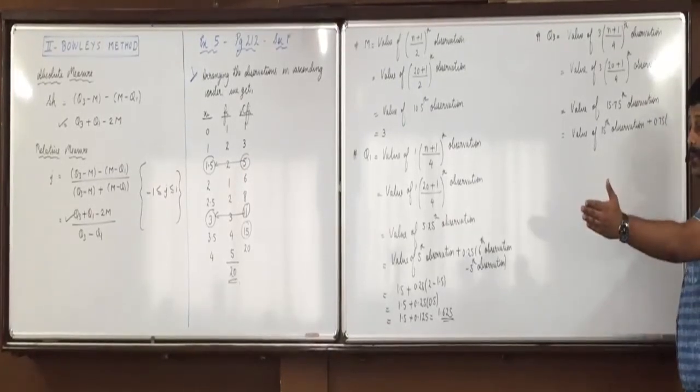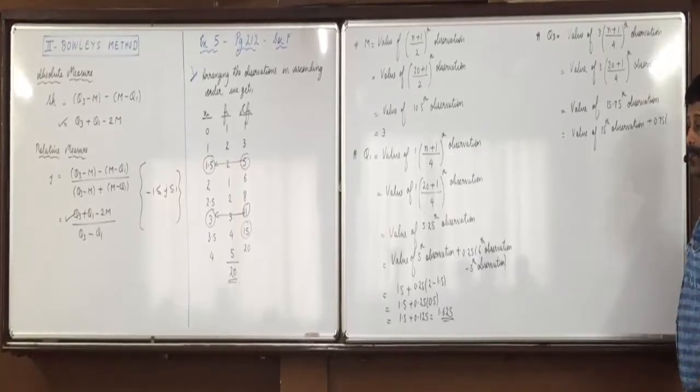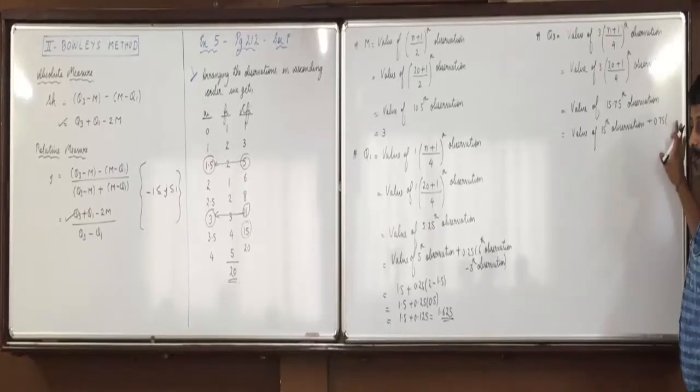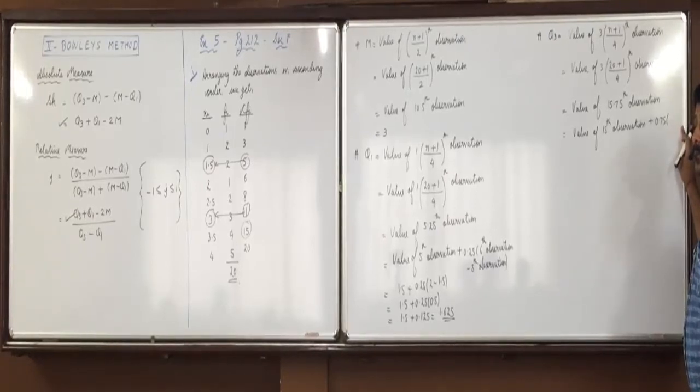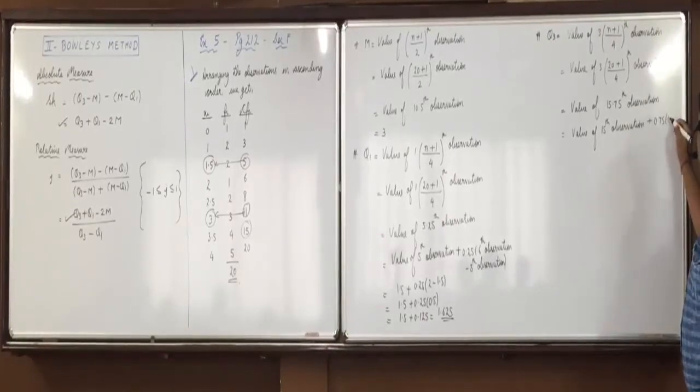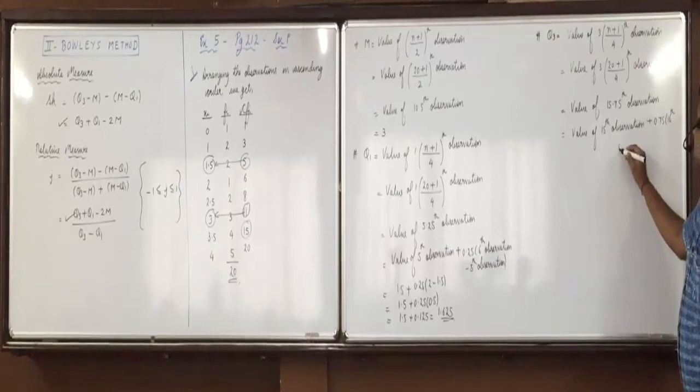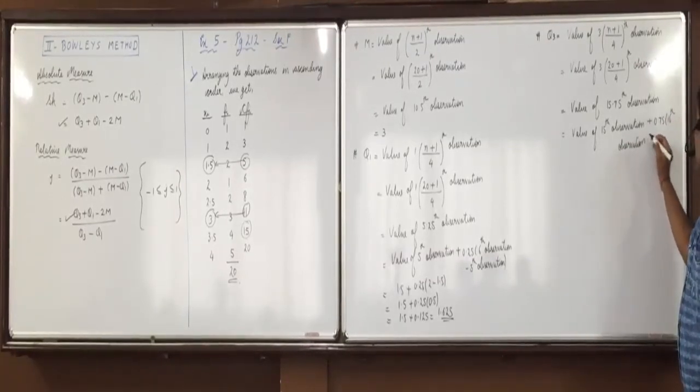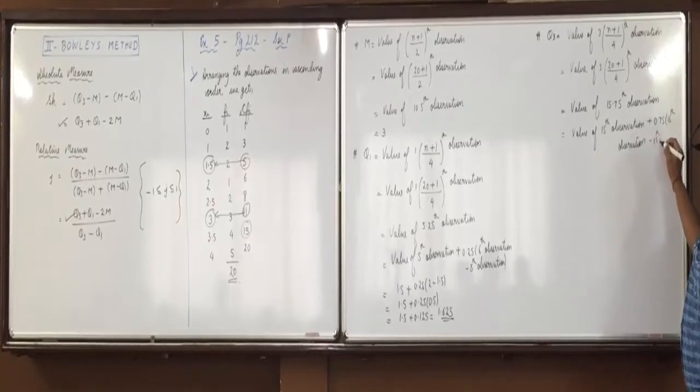Don't look at a notebook. Tell me on your own. After 0.75, what will come in bracket? 16th observation minus 15th. Whenever I ask you, answer on your own. Is everyone clear with this?